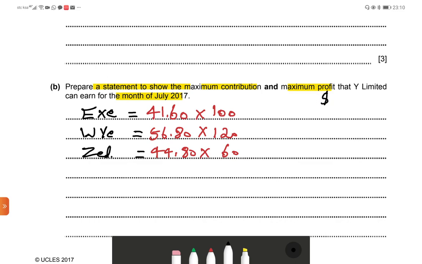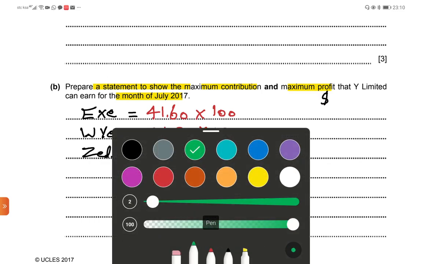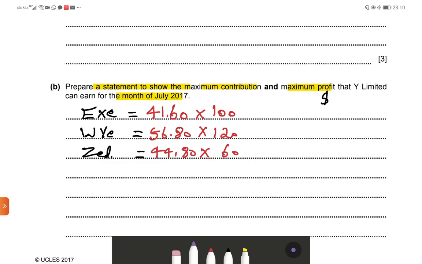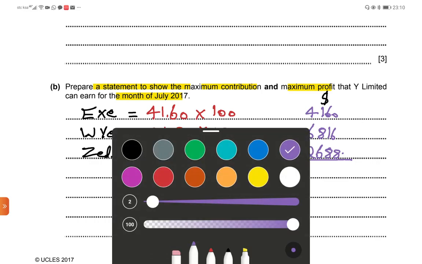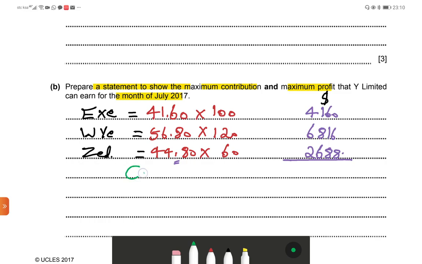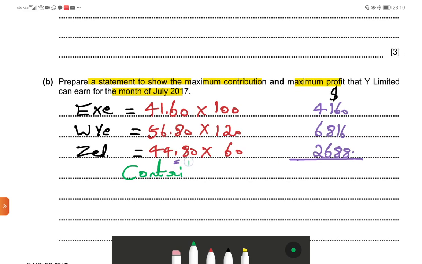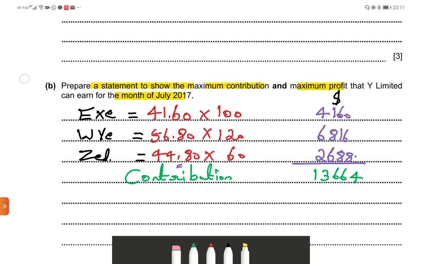First one 4160, then 6816, and 44.80 multiply 60 is equal to 2688. So total contribution is equal to 13,664. Next, now we have calculated the contribution.